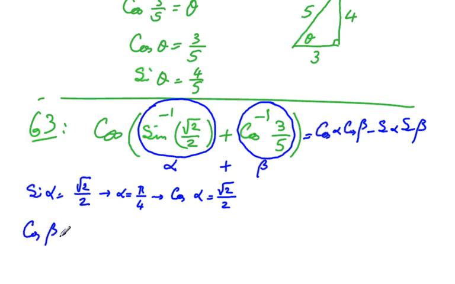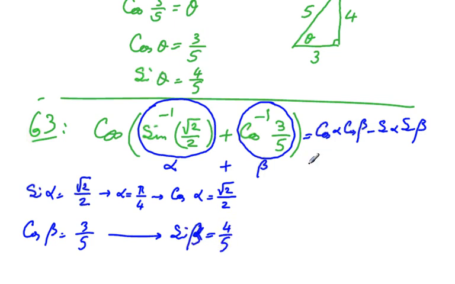I know cosine of beta is 3/5. So what does that tell me about sine of beta? We just went through the same story over there. If I know cosine of an angle is 3/5, its sine is going to be 4/5.